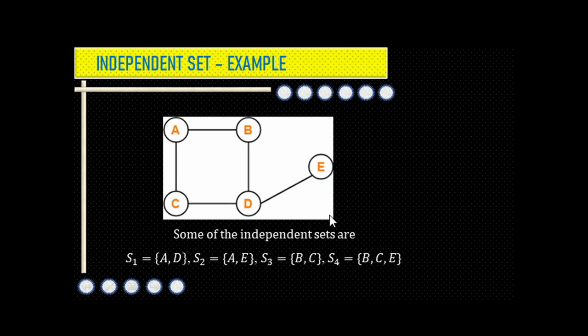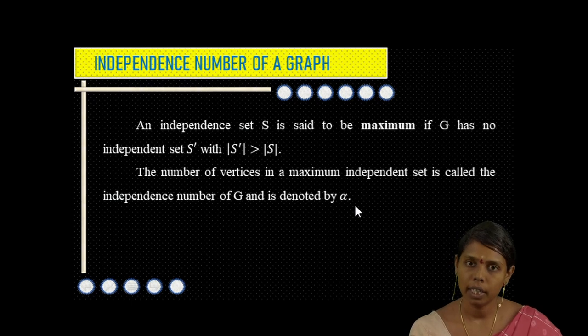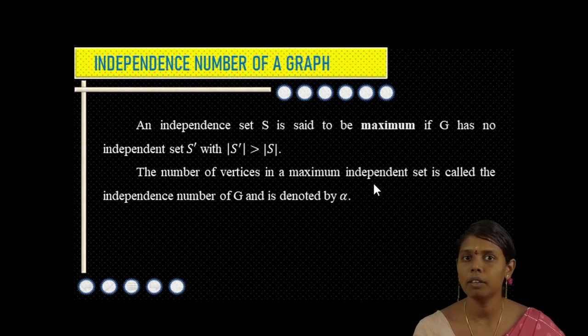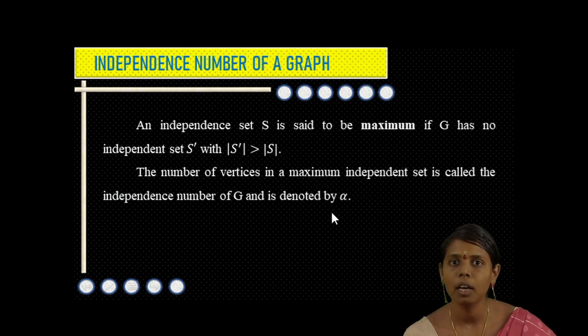So next we are going to see one of the important definitions called the independence number of a graph. Before that, we must know about the maximum independent set. The independent set S is said to be the maximum independent set if G has no other independent set with maximum cardinality than this S. So the number of vertices in the maximum independent set is said to be the independence number, and it is denoted by the symbol alpha.